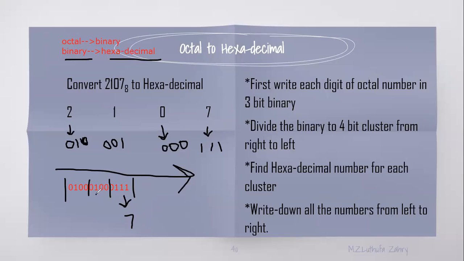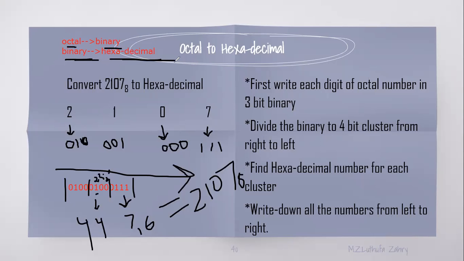So 7. This 1 is 2 to the power 0, 2 to the power 1, and 2 to the power 2, so that is 4. And this is again 4. You'll get 4, 4, 7, base 16, which is going to be equal to 21078. So the thing we did here is convert the octal to binary and then binary to hexadecimal. Okay, clear?